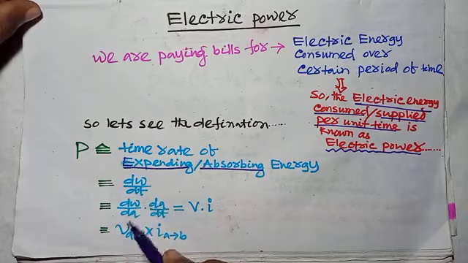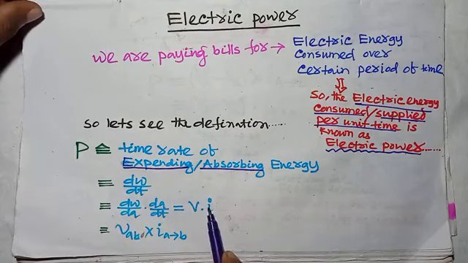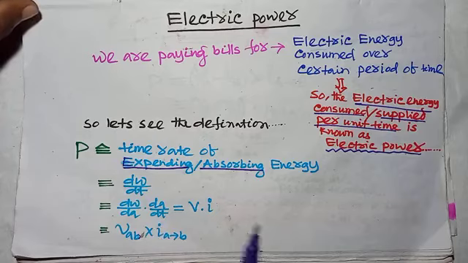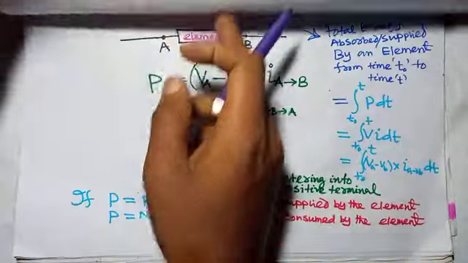As we know, dw upon dq is the potential difference and dq by dt is the current. So power is given by the product of voltage and current. It can also be written as VAB into the current flowing from A to B. This is the definition of electric power.